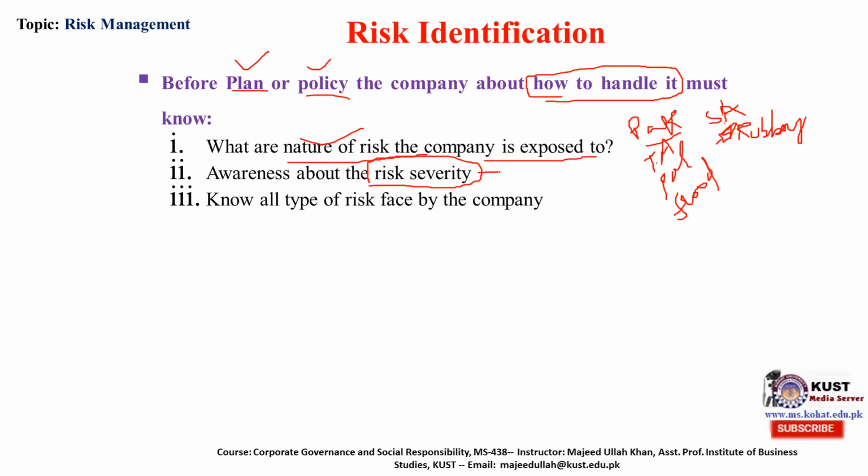Awareness about the risk severity: how much the risk will cost you in financial terms. For example, if your company is dealing in handling or transportation of cash, your company is exposed to fraud.